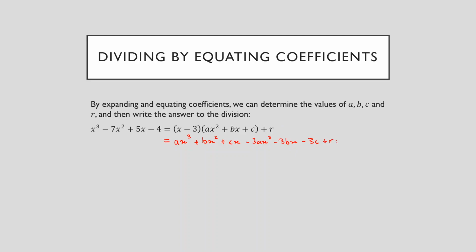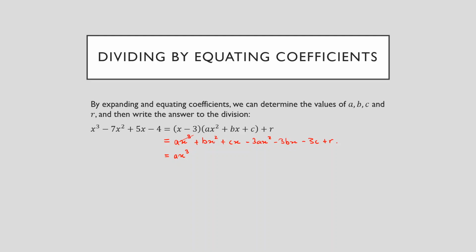Now, back when we did equating coefficients a few videos ago, what we can do is pair up the terms that have the same powers of x, and factor out the coefficients of those powers to create one coefficient in terms of two unknowns. I'll leave the ax cubed as it is because I can't pair that with anything else.